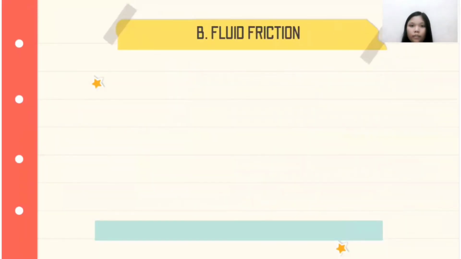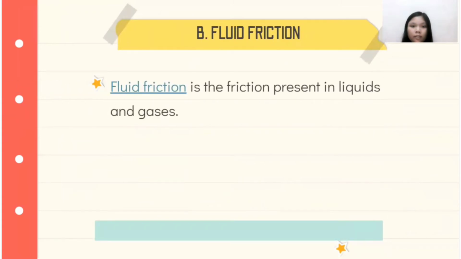Next is fluid friction. Fluid friction is the friction present in liquids and gases. Fluid here means something that can move easily, like liquids and gases. Here's the diagram of fluid friction.